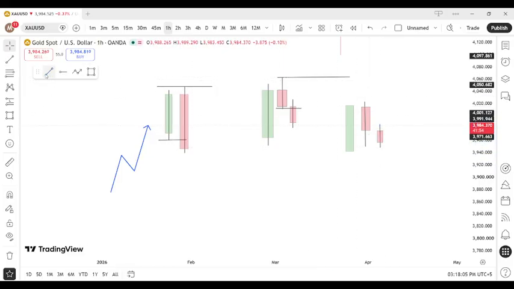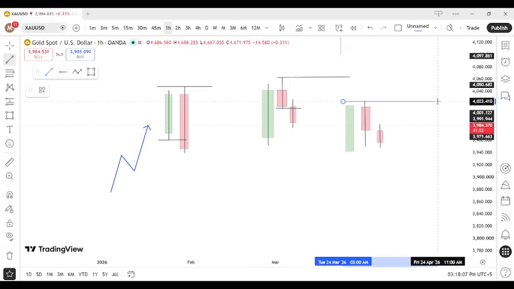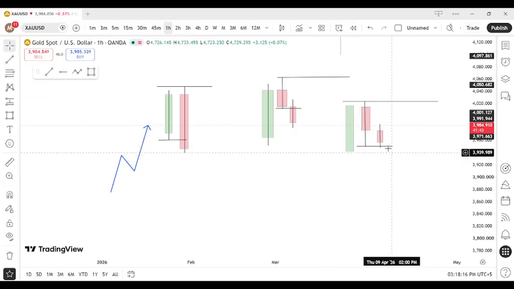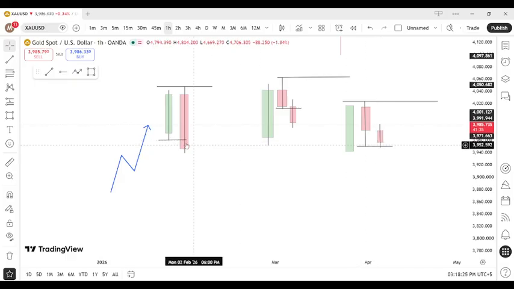So now this level will not be called a structure high, because the low of this candle is not being broken by the body of this candle. So this low should be broken by the body of the red candle. This low is broken by the red candle.